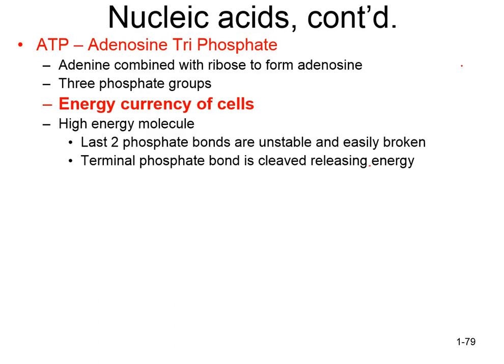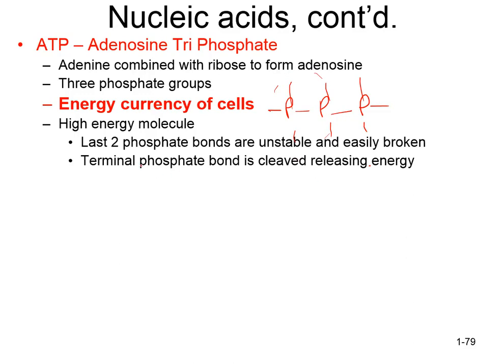So we have the phosphate here, another phosphate, and a third phosphate here. These can easily break. As they break, energy is released. That's how ATP produces energy for the cell.